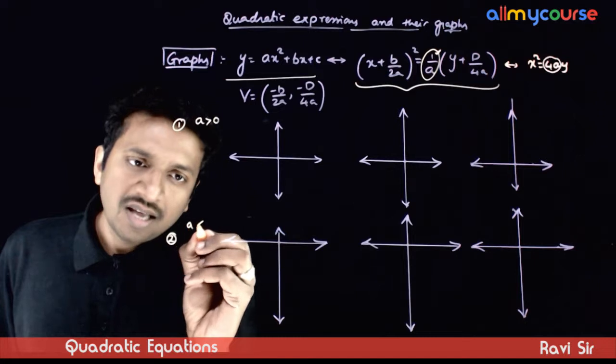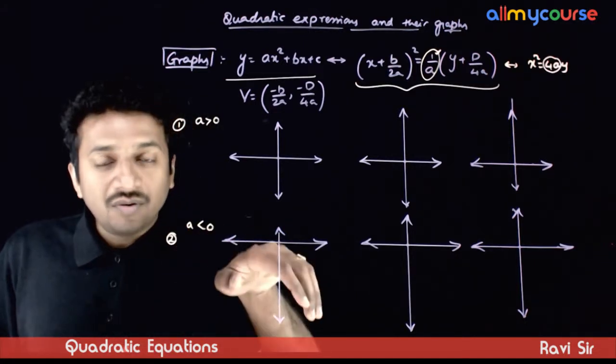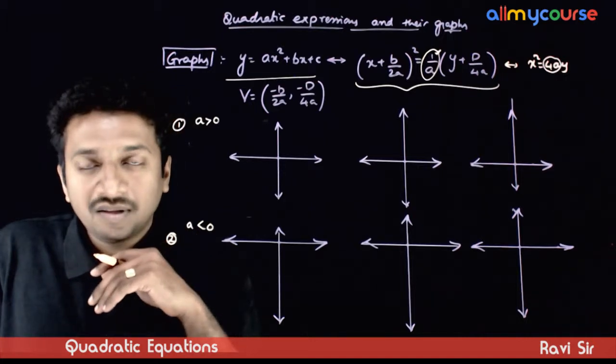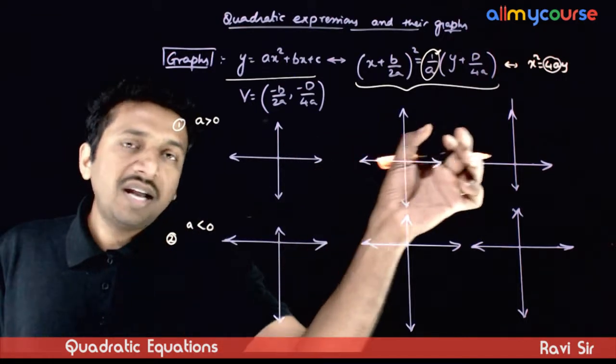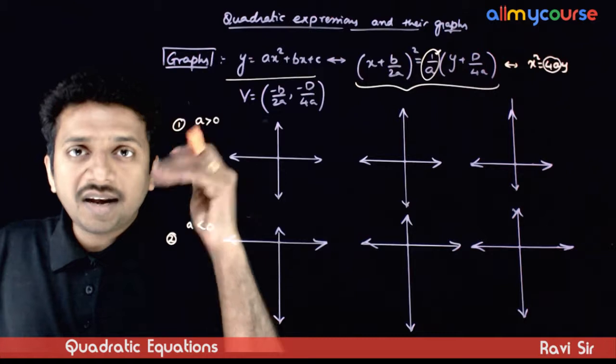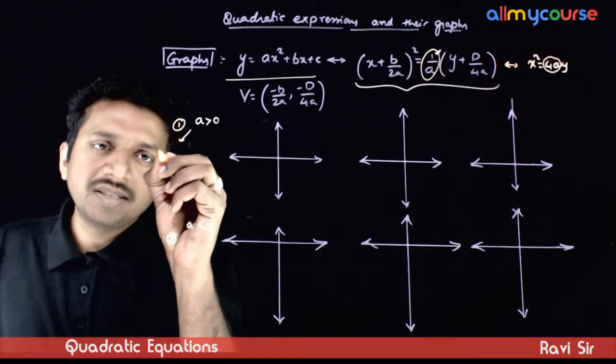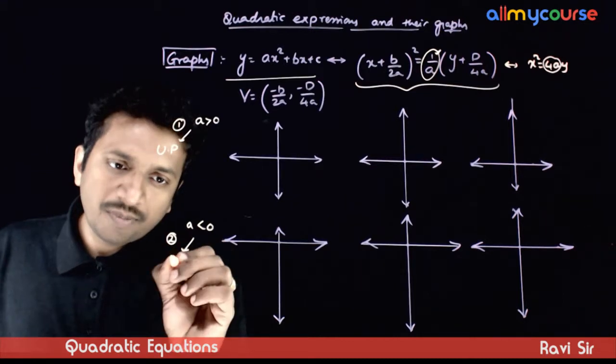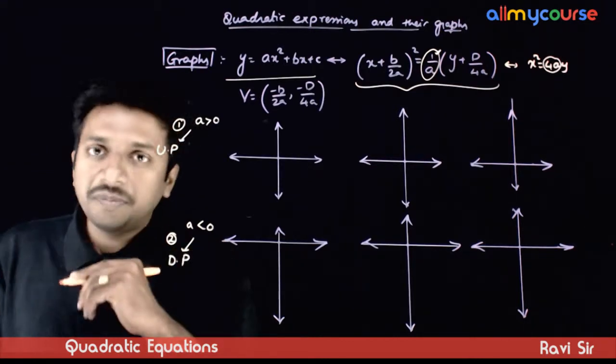If a is less than 0, you get a downward parabola, the parabola which faces downward. So the first 3 graphs correspond to a greater than 0, which represents an upward parabola, and a less than 0 represents a downward parabola.